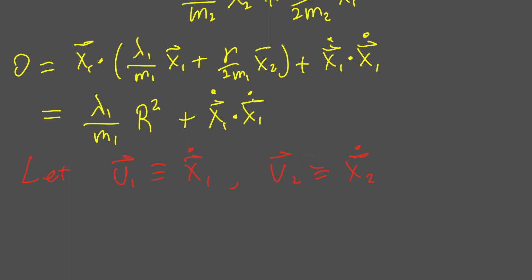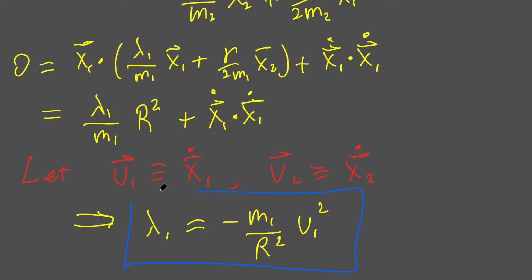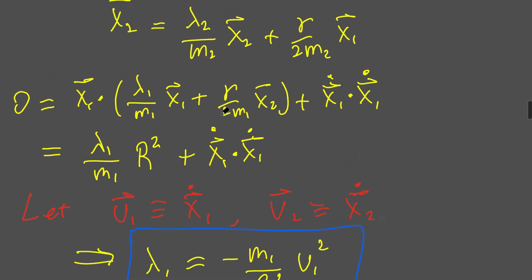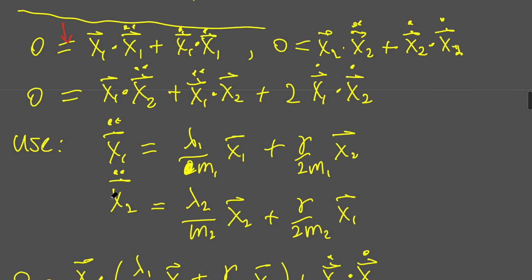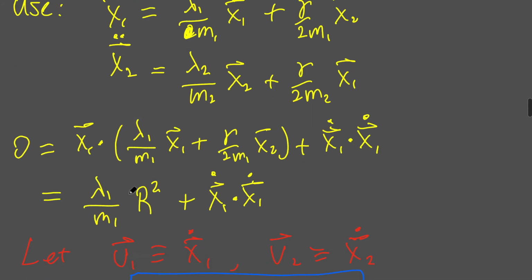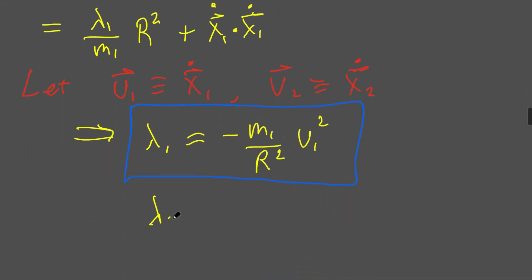All right, and with that notation then we can see that the solution here for lambda 1 is minus m1 over capital R squared times v1 vector dot with v1 vector, so that's just v1 squared. And likewise, if we simplify this equation using this expression for x2 double dot, we find lambda 2 is equal to minus m2 over r squared times v2 squared.